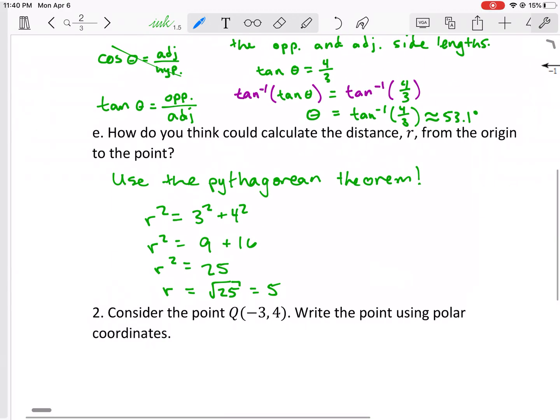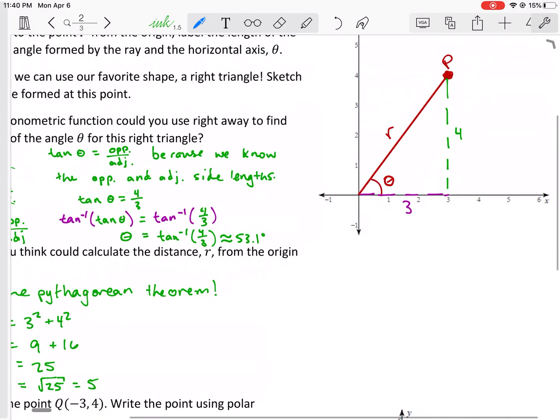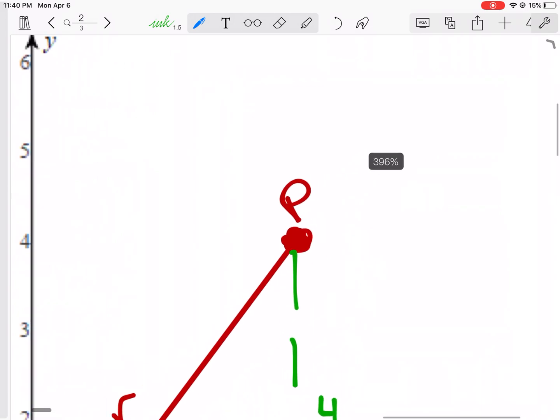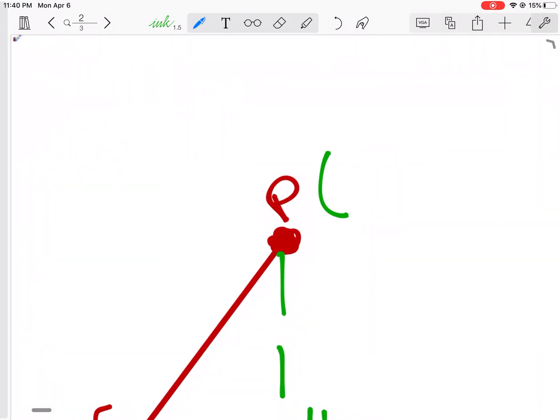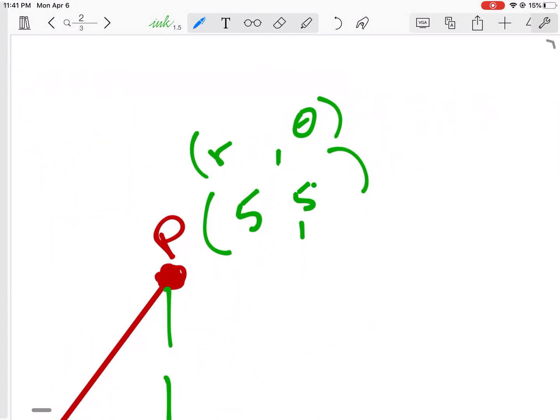So at this point, we have now found both r and theta. So our point P has a radial distance of 5. That was our r value. And an angular distance of theta, which equals 53.1 degrees.